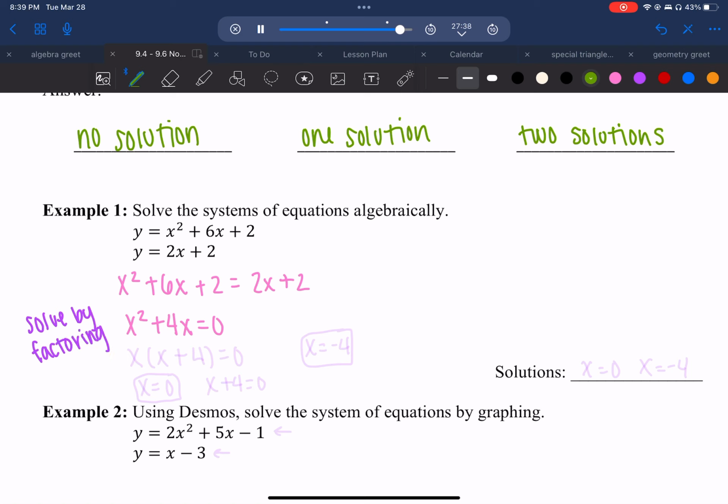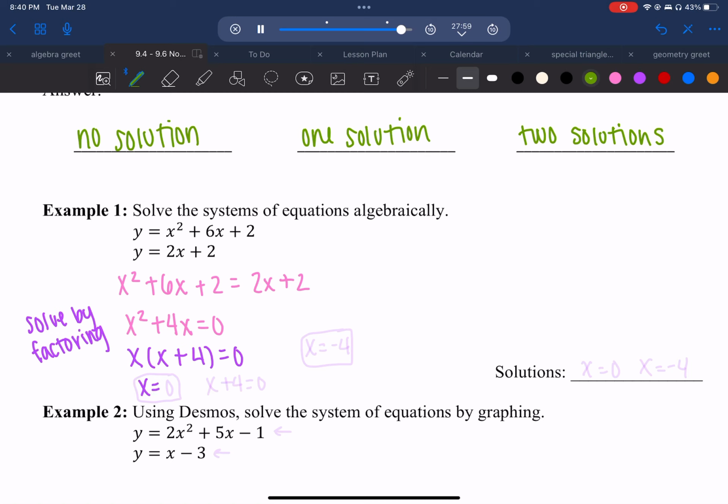I'm going to do so because I have experience and I know that it's going to be easier to solve by factoring, but you should get the same answer no matter what. So I'm going to take the GCF out, which is x, and I'm left with x(x + 4) = 0.